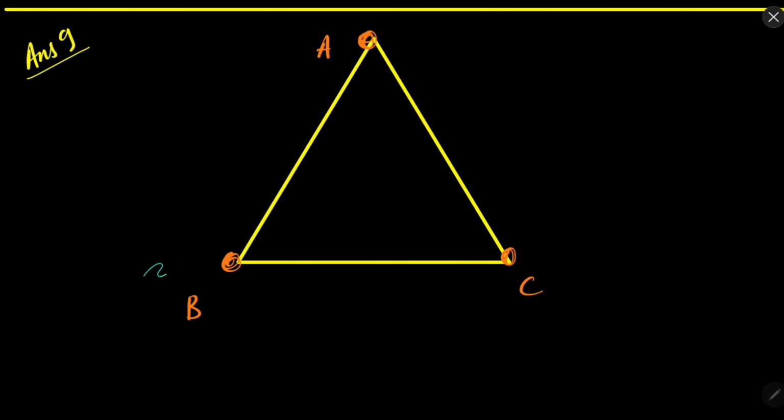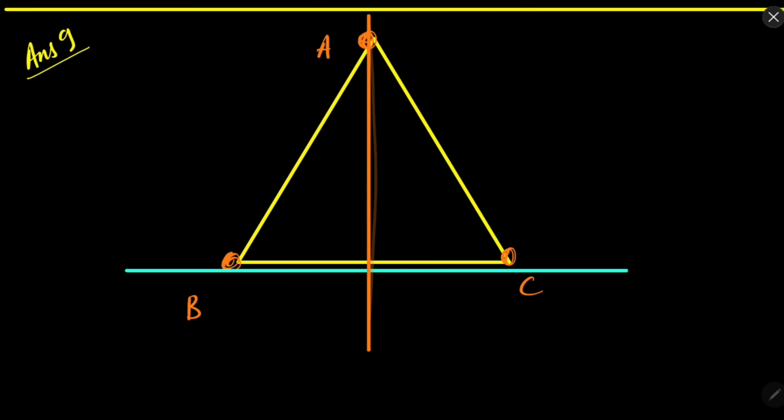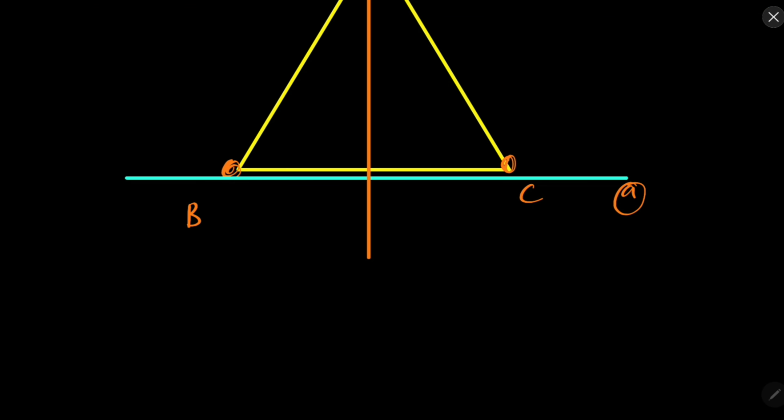So in one case this is the axis which is passing through 2 particles, and in the other case this is the axis which is passing through one particle and perpendicular to the plane of 2 particles. So this is B part, this is A part.